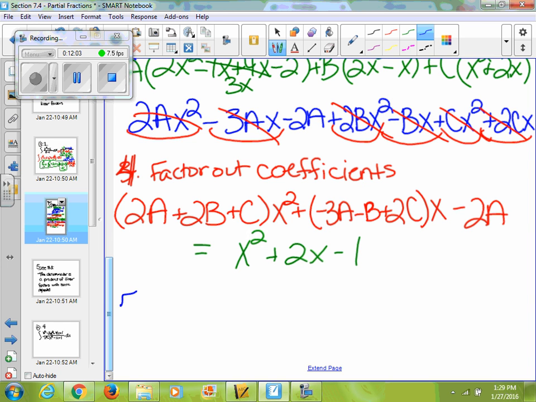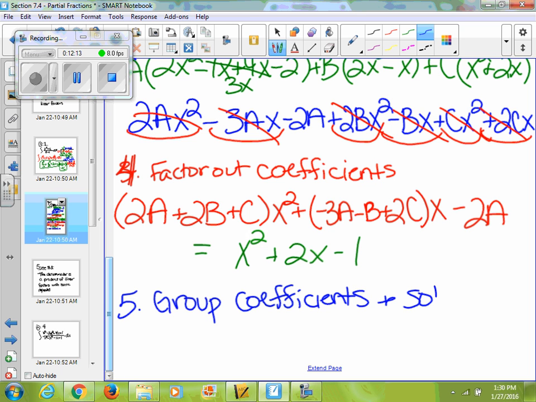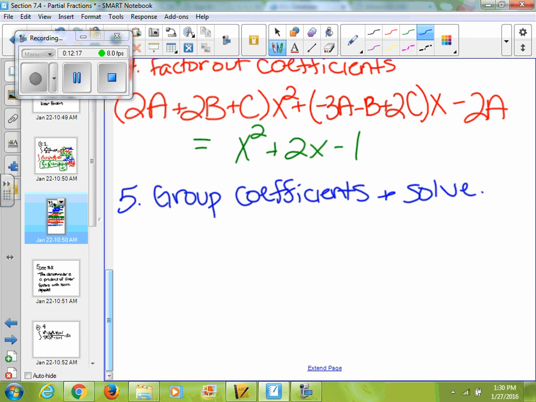So then the last step is to group your coefficients and solve. Okay, so I know that this is like a 1x squared, which tells me everything in front of my x squared, so my 2a plus 2b plus c has to equal 1.